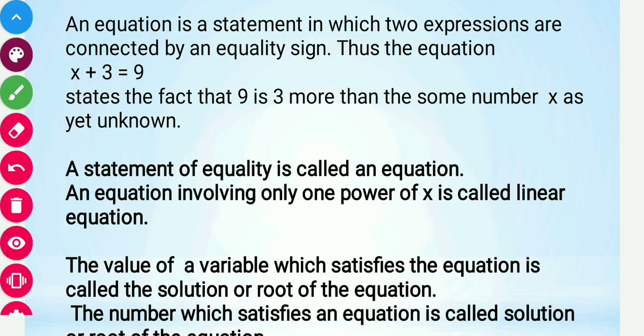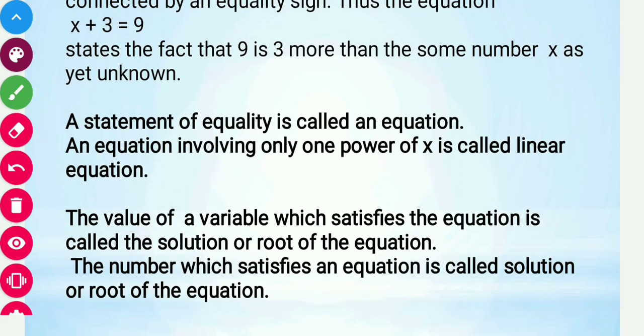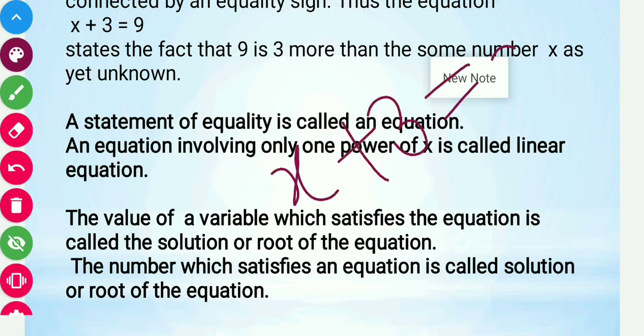Now I want to tell you about two definitions. Friends, x plus 3 is equal to 9. We want to get an x value such that it gives 9 on the right hand side.